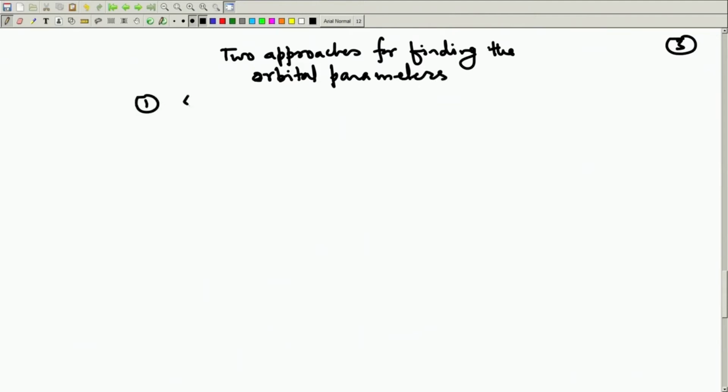The first one is the scalar approach, and the second one is the vector approach. We will look into both of them; both are useful.